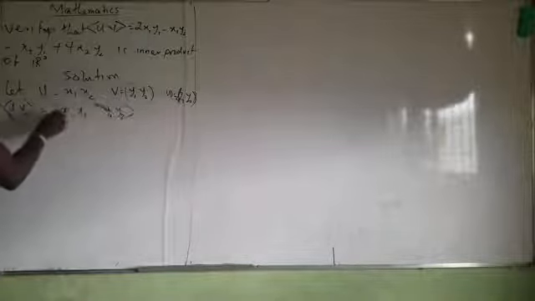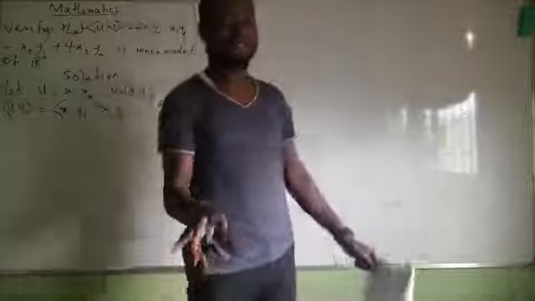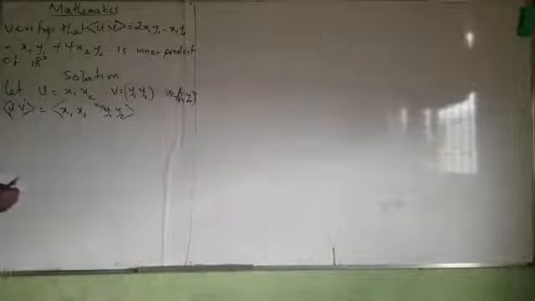That is what I'm trying to do. This is represented by U, and this is represented by V. It will become a space when there is real and imaginary. And now we were told that this equals this.